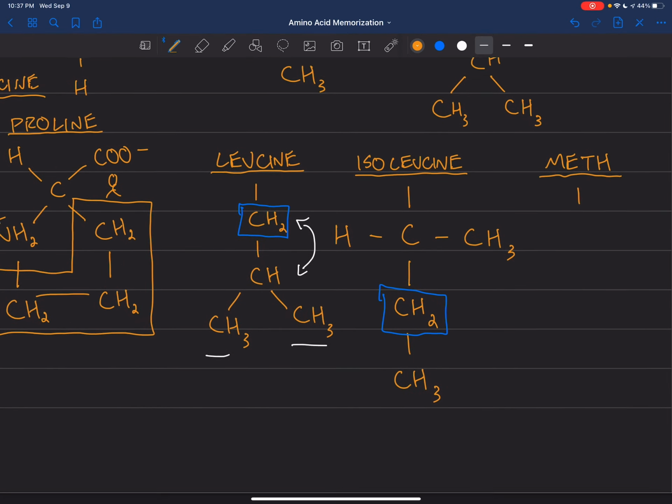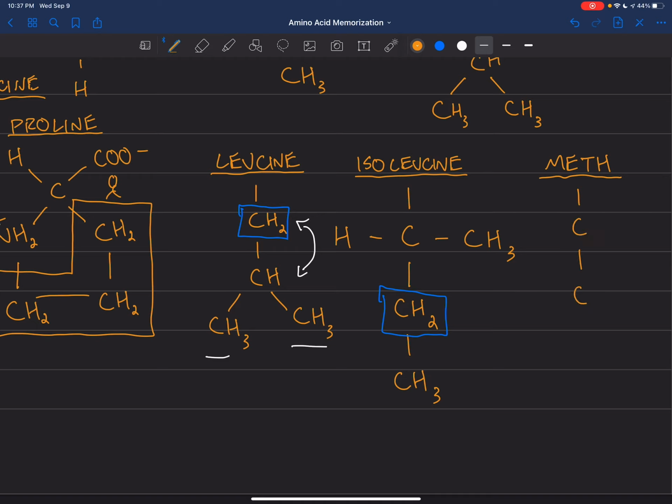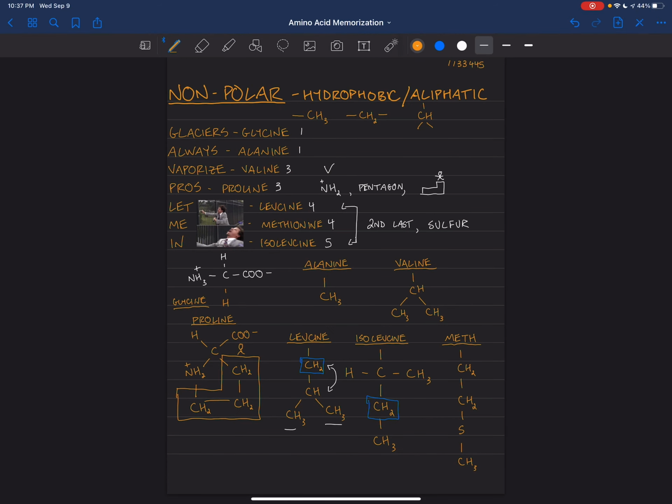So 1, 2, sulfur, 4. And then you just load up your carbons in the center. CH2s, sulfur's just by itself there, and that's going to be a CH3. That is methionine, okay? So these are your nonpolar, aliphatic, hydrophobic amino acids. All right, moving right on to the next ones.